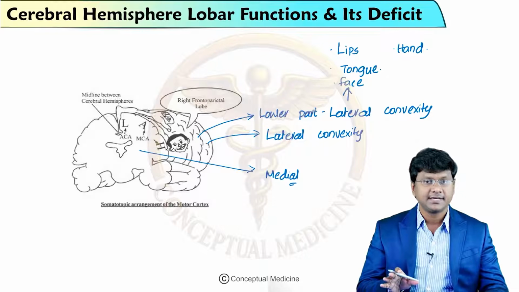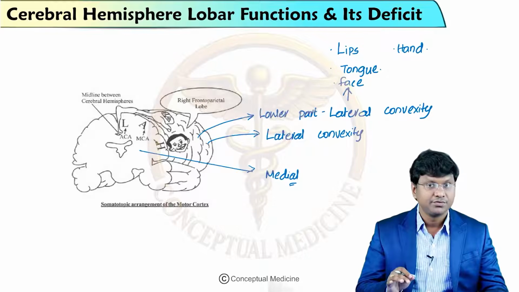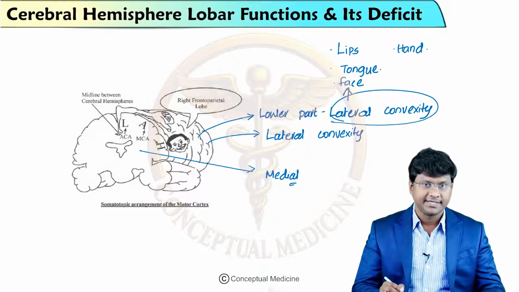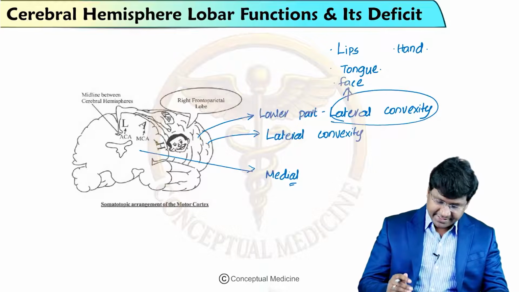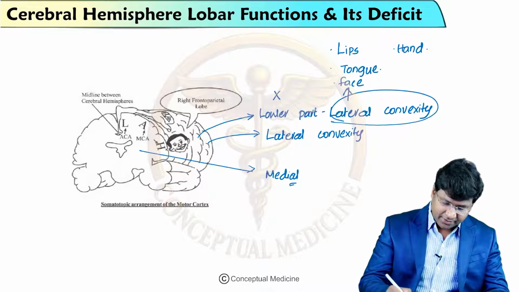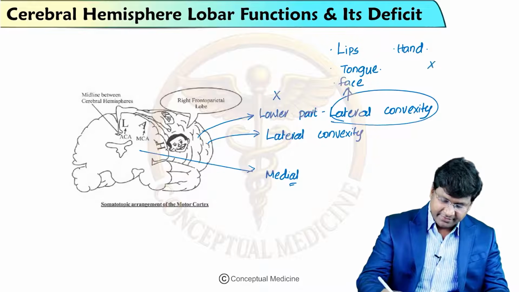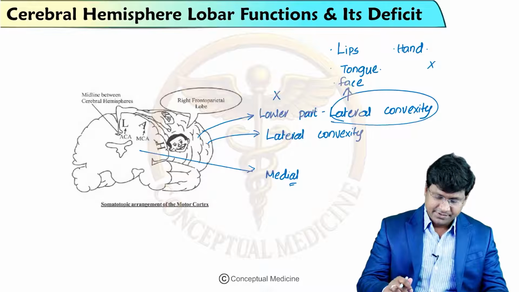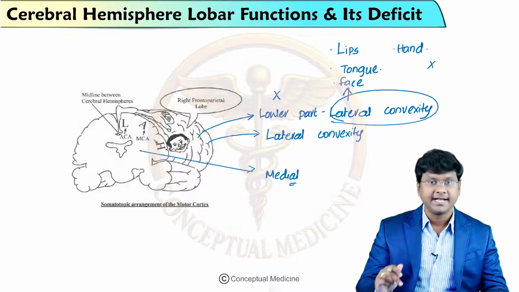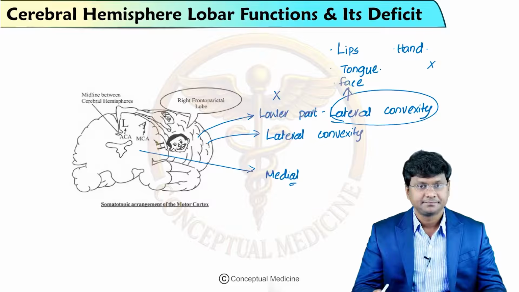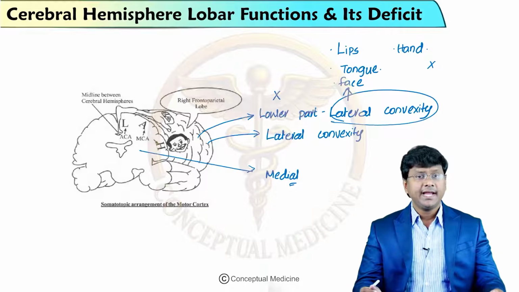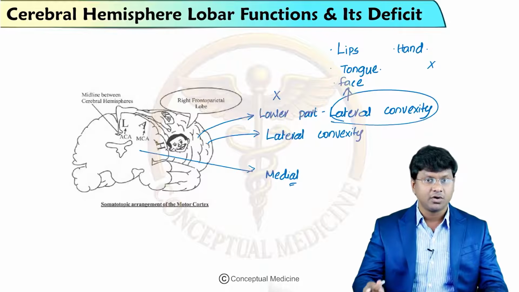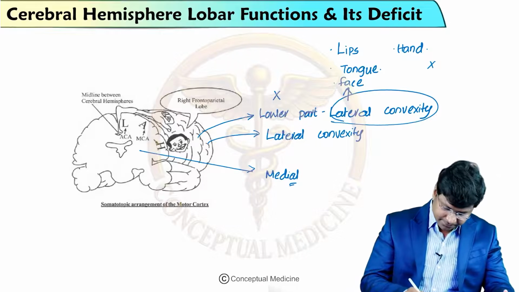These are the anatomical structures represented on the lower part of the lateral convexity. So if there is any lesion in the lower part of the lateral convexity, there will be weakness in the lips, tongue, face and the hand.